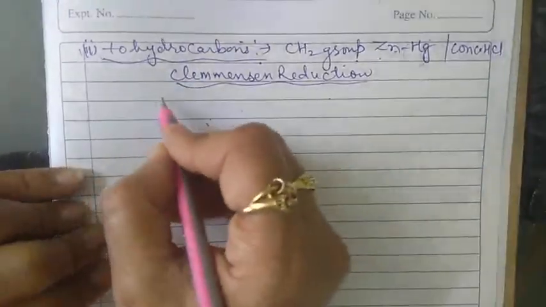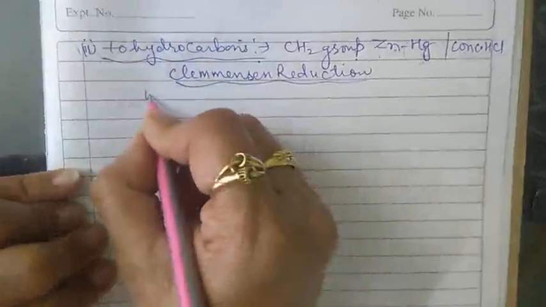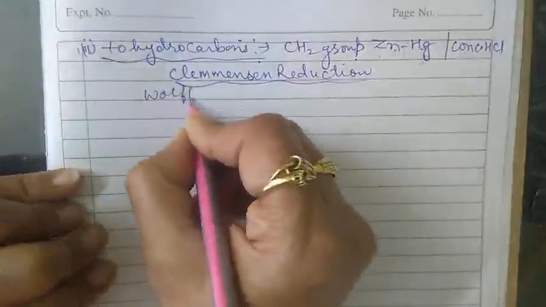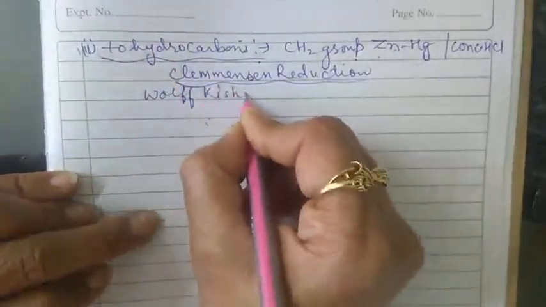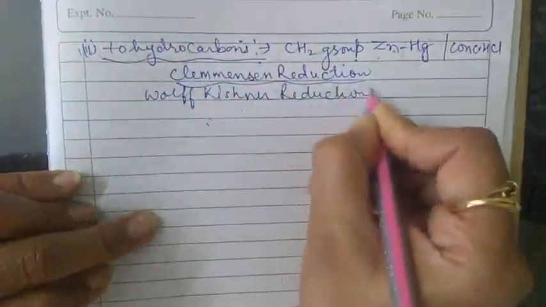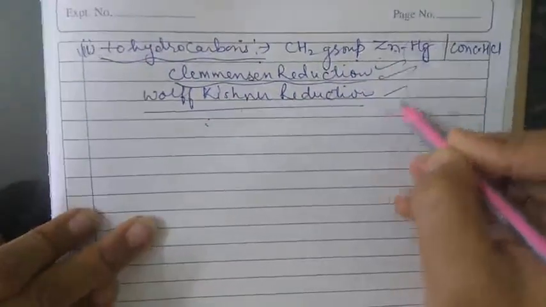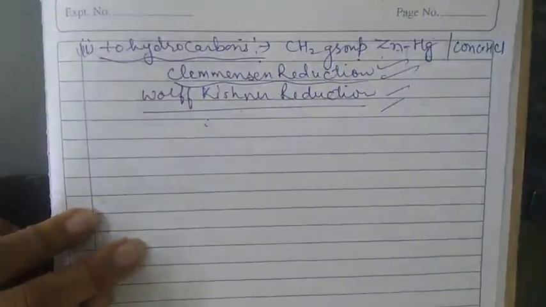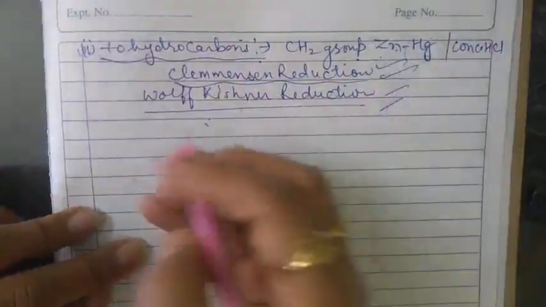When we use the high boiling solvent, the reaction is termed the Wolff-Kishner reduction. There are two types of reduction, and they both are very important. Let's start with Clemmensen reduction.